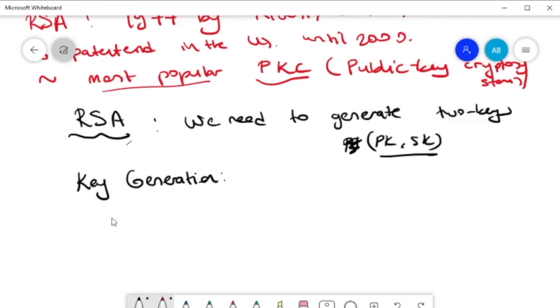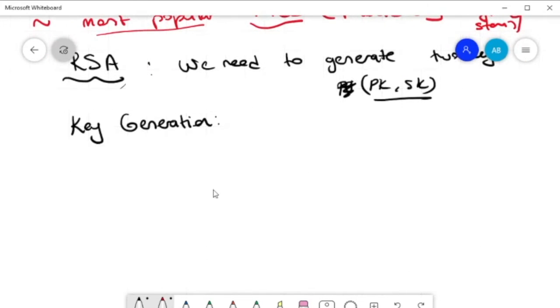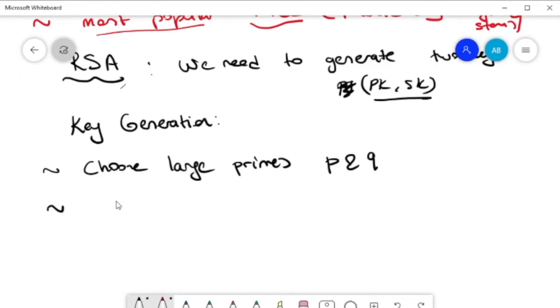So how do we generate the keys for RSA? First we choose large primes P and Q, and we multiply these two primes.